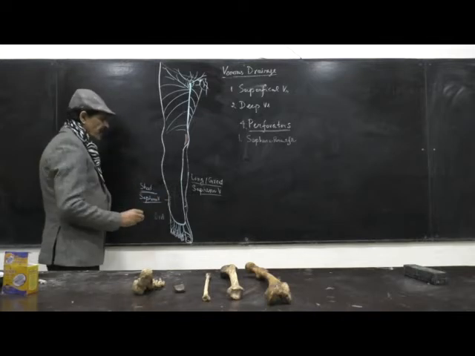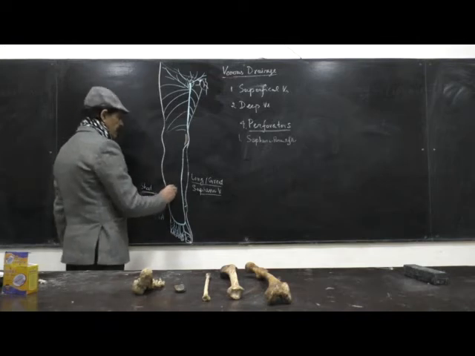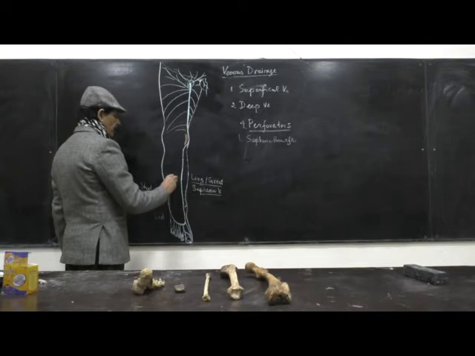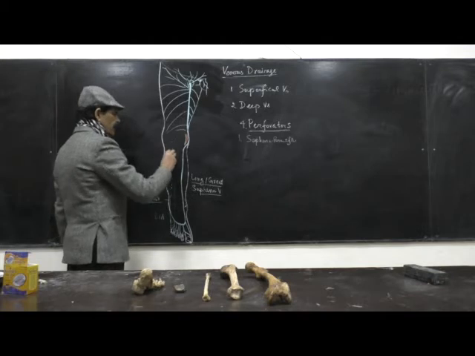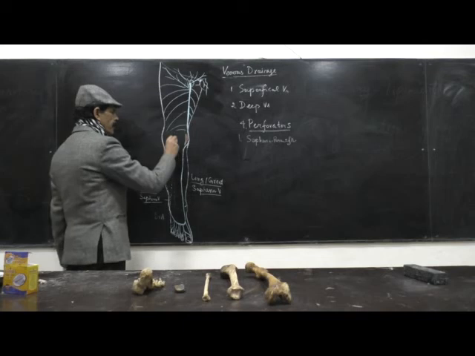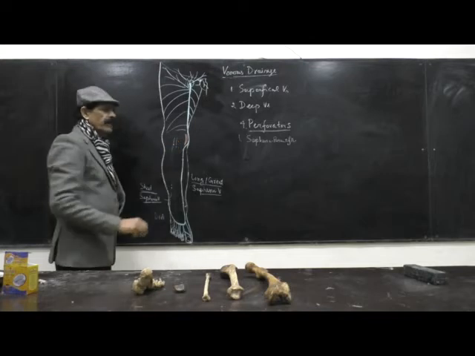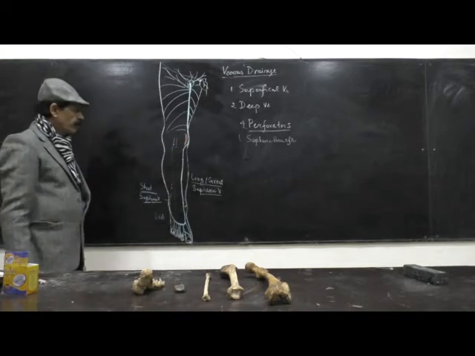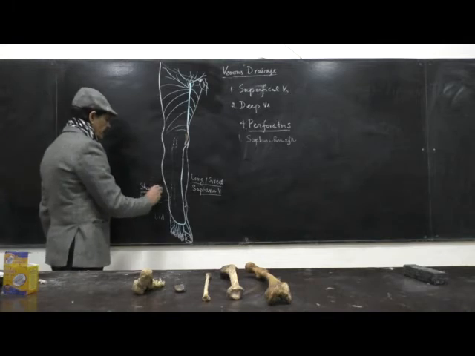The short saphenous vein runs behind the lateral malleolus and ascends almost in the middle of the posterior aspect of the leg, and in the middle of the popliteal fossa this vein opens into the popliteal vein, which is a deep vein. It is small because it only traverses the leg, so it is called the short saphenous vein or the small saphenous vein.